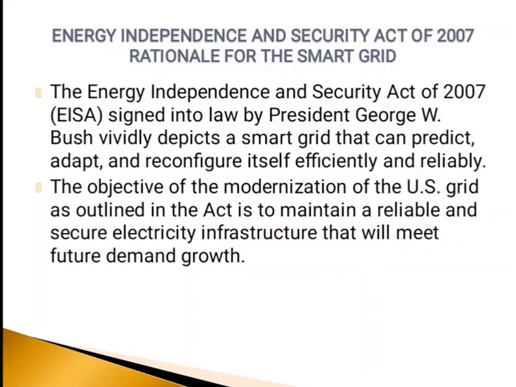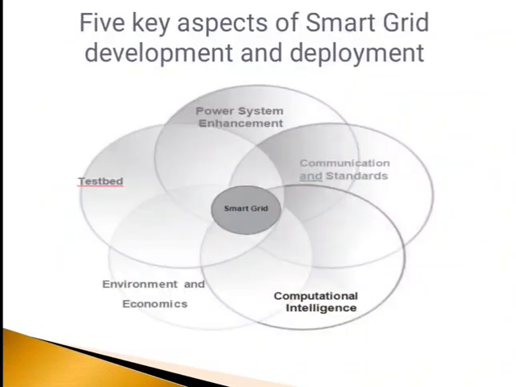The basic objective is modernization of the US grid, because the act is mainly concerned with the US power grid. So how to modernize the present grid, how the act maintains the reliability and security aspects of the electricity infrastructure, and how to meet the future demand growth. About that, this particular act is working.